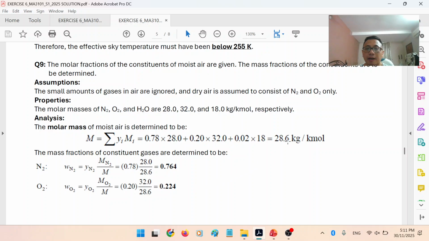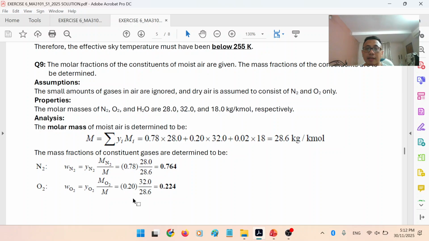So we have to divide by the total mass. This mass over total mass will give you the fraction by the molar mass. Okay, so now the mass fraction of the nitrogen gas becomes 0.764, which is lower than the mole fraction.